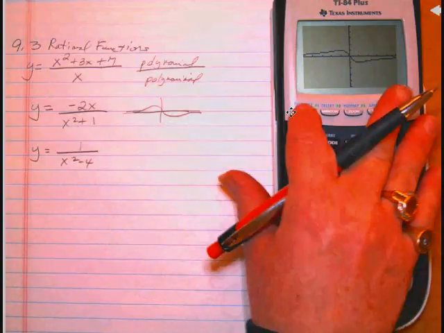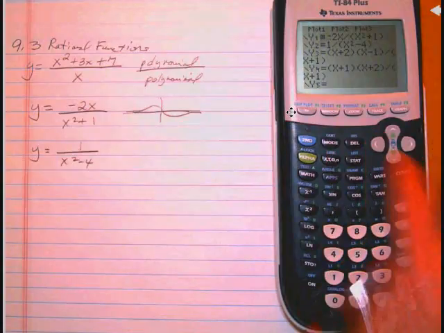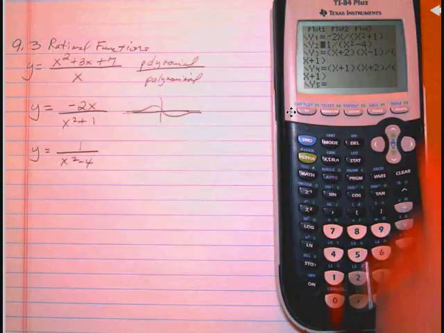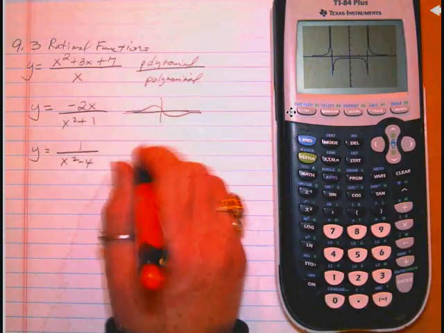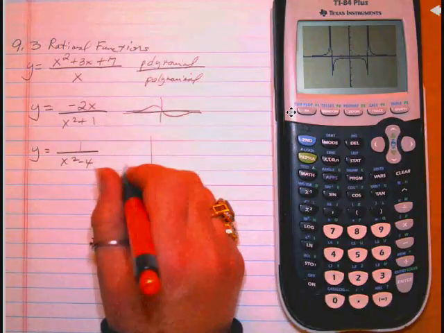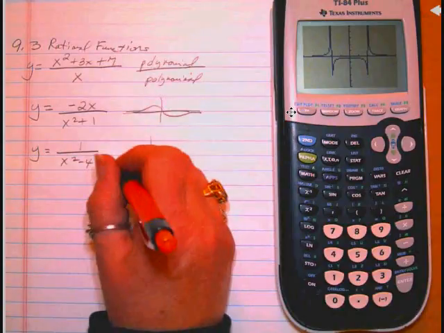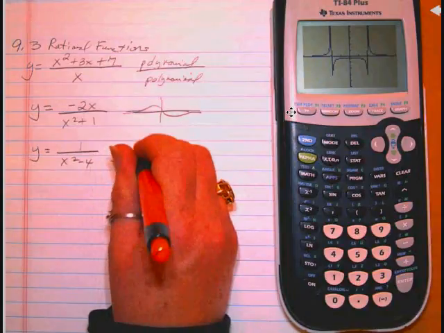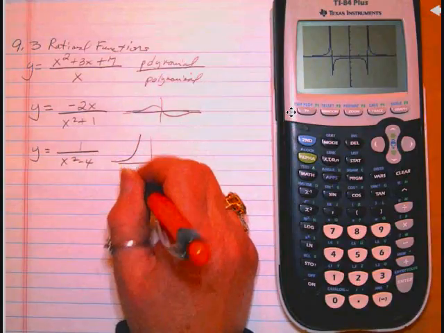All right, so another strange example. Is this 1 over x squared minus 4? Another strange looking graph, but it might really mimic what you're looking for in a mathematical model. It actually has this little funny line coming down that isn't actually there.